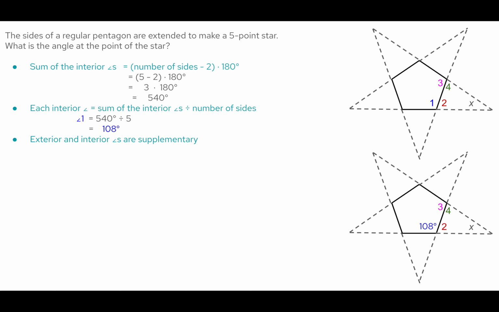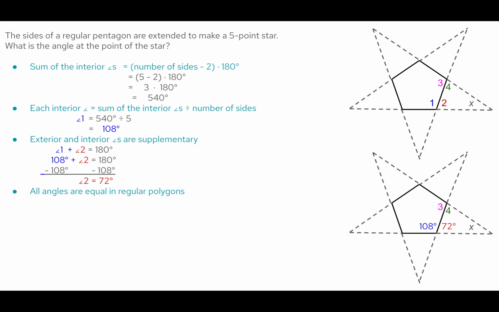I also know that if I add the interior and the exterior angle, they equal 180 degrees. In other words, they're supplementary. So that means if I add angle 1 and angle 2, it's 180 degrees. I know that angle 1 is 108 degrees, so I subtract that from 180. That means angle 2 must be 72 degrees.